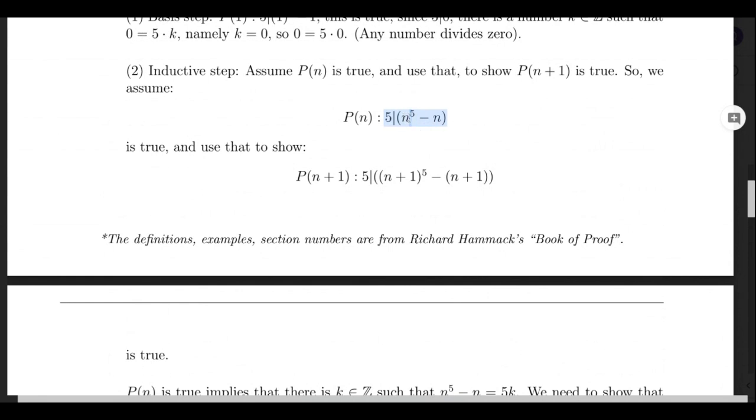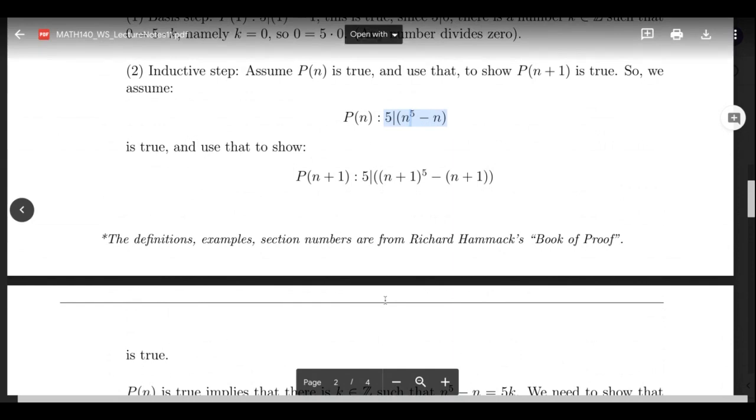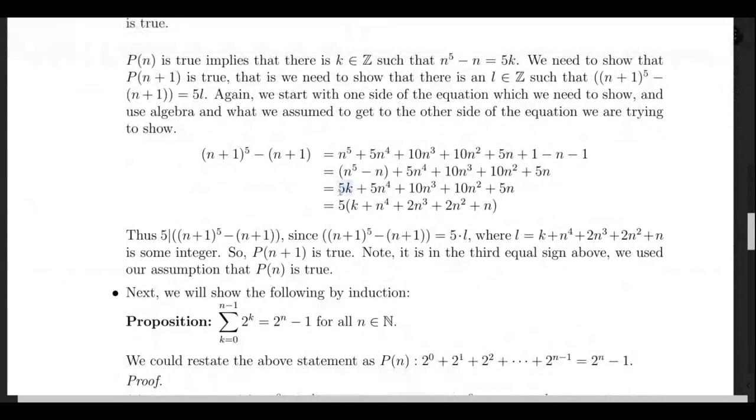Right? 5 is a factor of the right-hand side. That means the right-hand side can be written as 5 times the integer. So let's write 5k, k is some integer, right? So this is by assumption. So n raised by 5 minus n has a factor of 5. That means this term can be written as 5k.